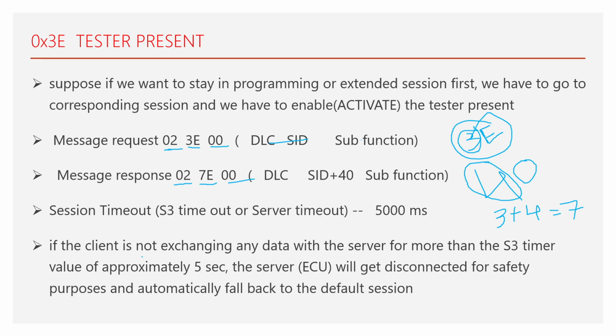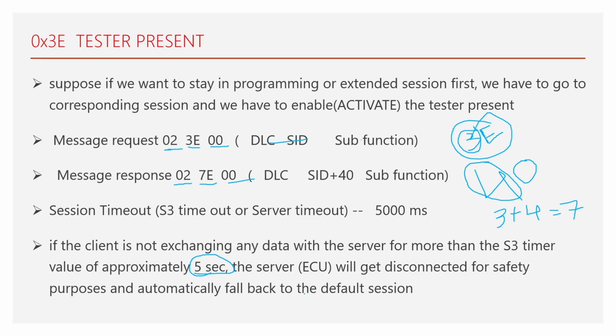I will explain the definition of the session timeout. If the client is not exchanging any data with the server for more than the S3 timer value, how many seconds? Approximately 5 seconds. The server ECU will disconnect for safety purposes and automatically fall back to the default session.